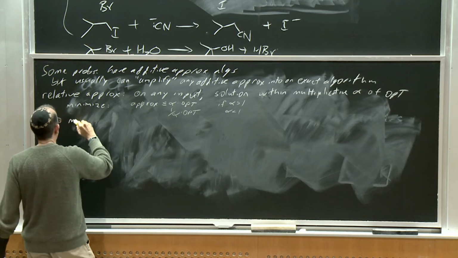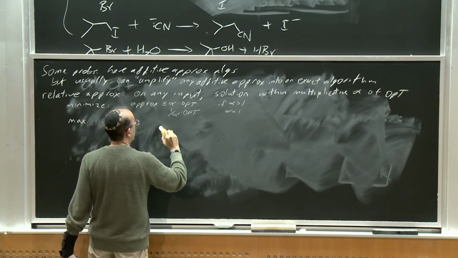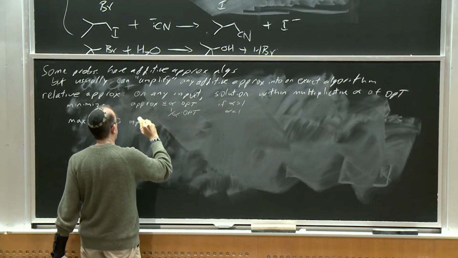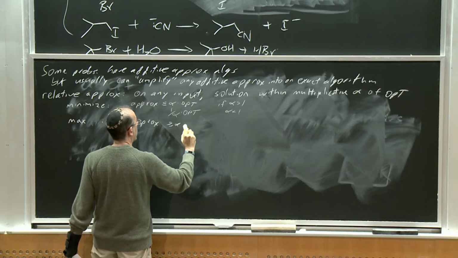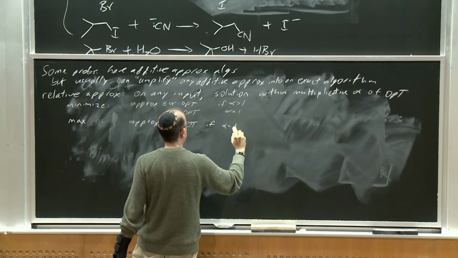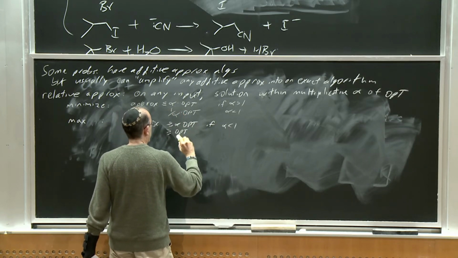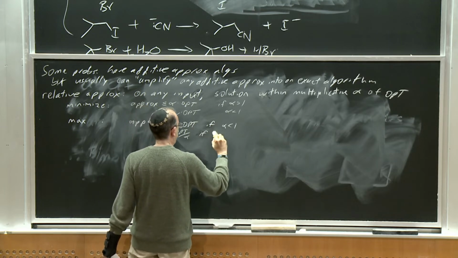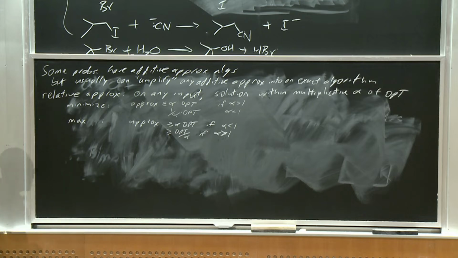Similarly, if you're trying to maximize, then you will talk about the approximation being greater than alpha times the optimum if alpha is less than 1, and being greater than the optimum divided by alpha if alpha is greater than 1. So, right, it's always clear from context which direction we're referring to.